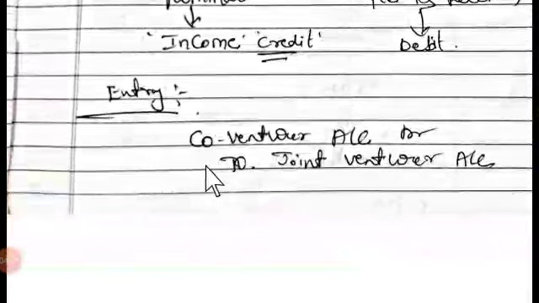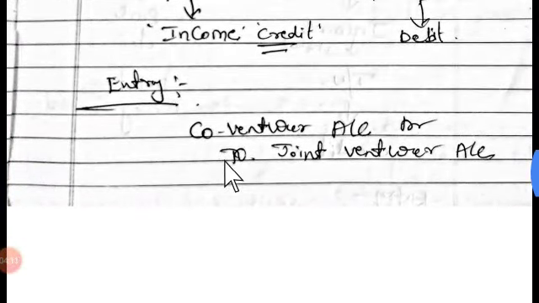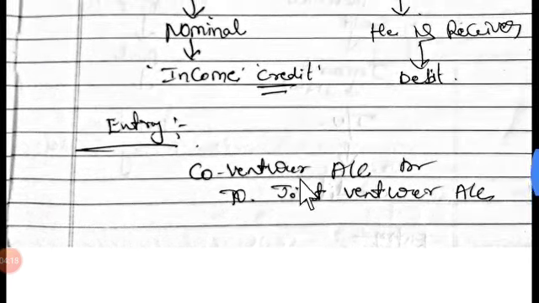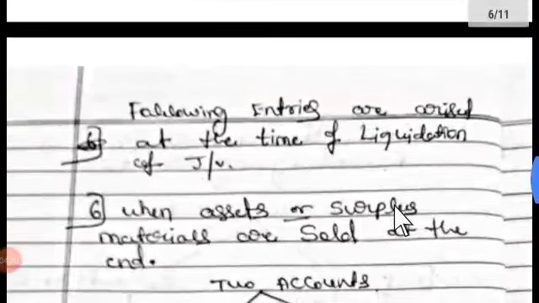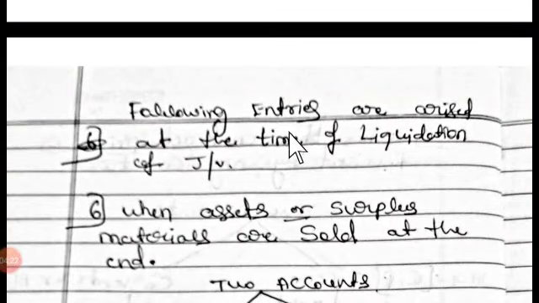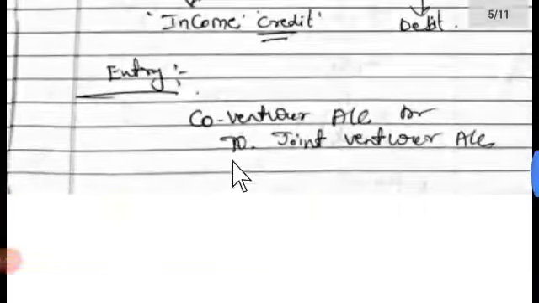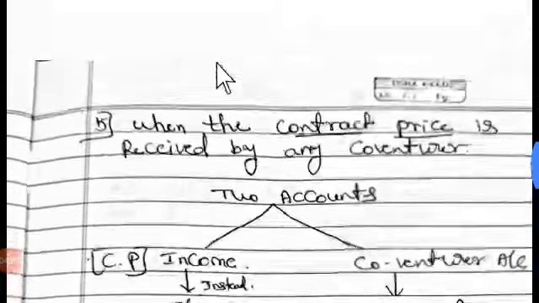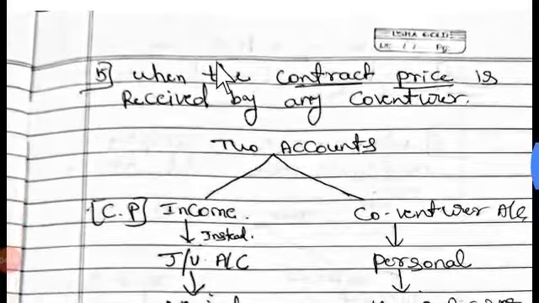So the concluded entry when the contract price is received by a co-venturer is: co-venturer account debit to joint venture account.